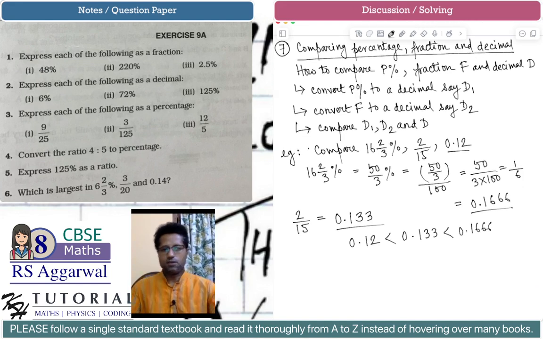Now originally, 0.12 was the given decimal.